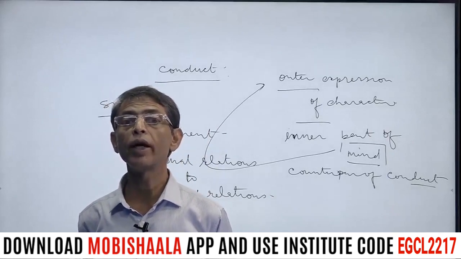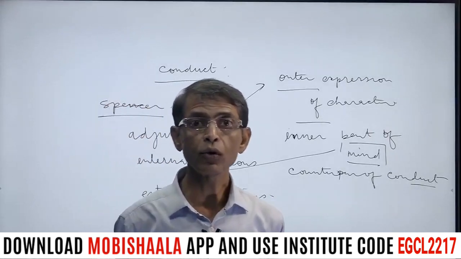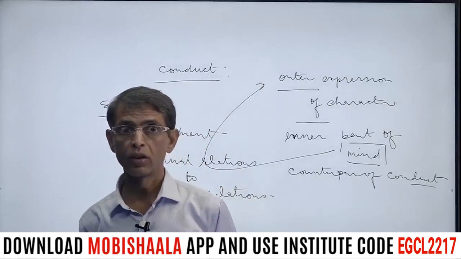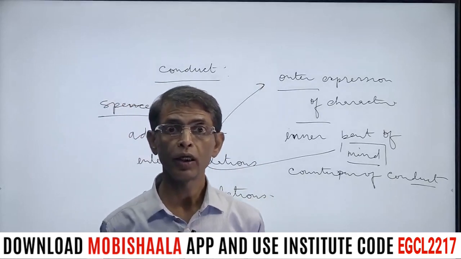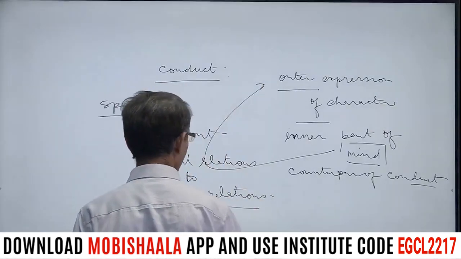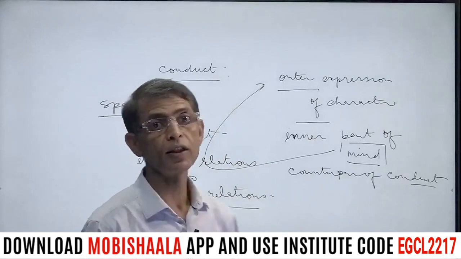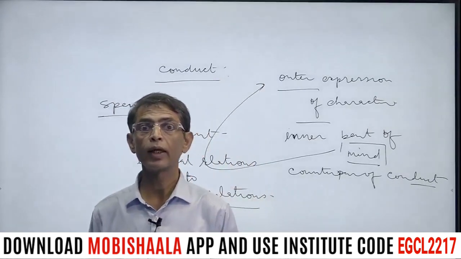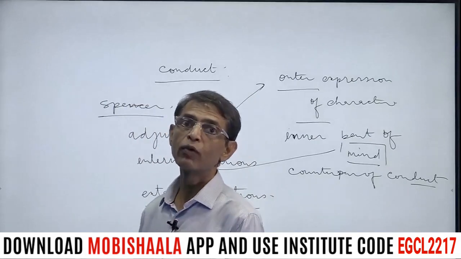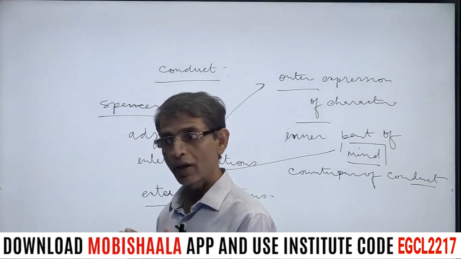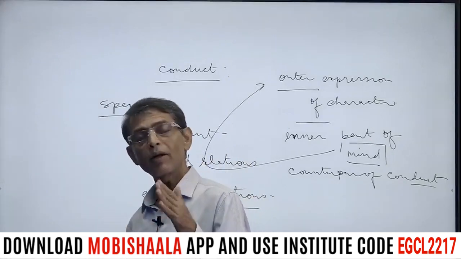It is not only adaptation. There is choice and deliberation, a complete process. Later we will see that Herbert Spencer defines right conduct as that which has exact adaptation, but later we will discuss that.